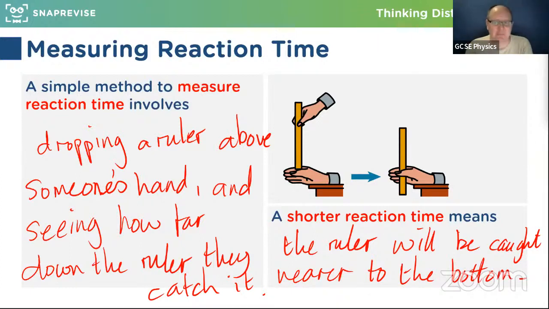A longer reaction time, well, if you're really bad, the ruler falls straight between your fingers and you don't catch it at all. This is a typical experiment that's often carried out in classrooms, and you may be required by the exam board to describe a simple method to measure reaction time, and this is a good example of how you can do that.